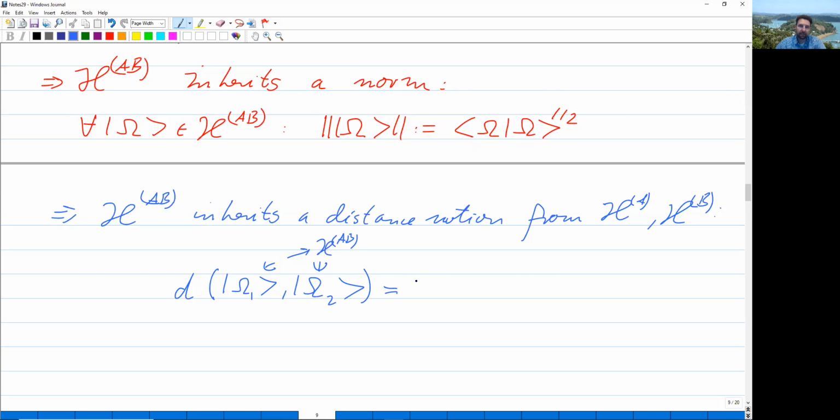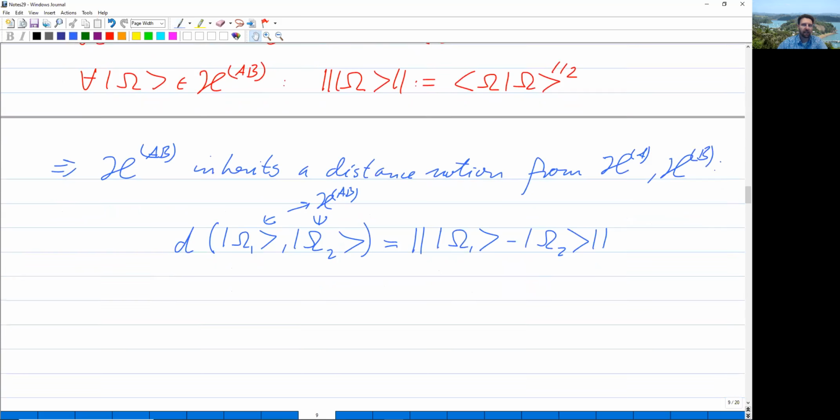Namely, we simply take the length of the vector that is the difference between these two vectors, omega 1 minus omega 2. You see, if omega 1 is equal to omega 2, then the difference vector is the 0 vector, whose length is 0. So if the two vectors are the same, then the distance is 0.